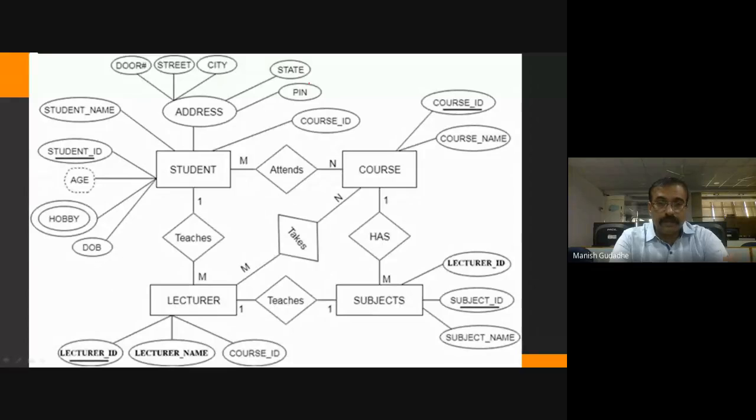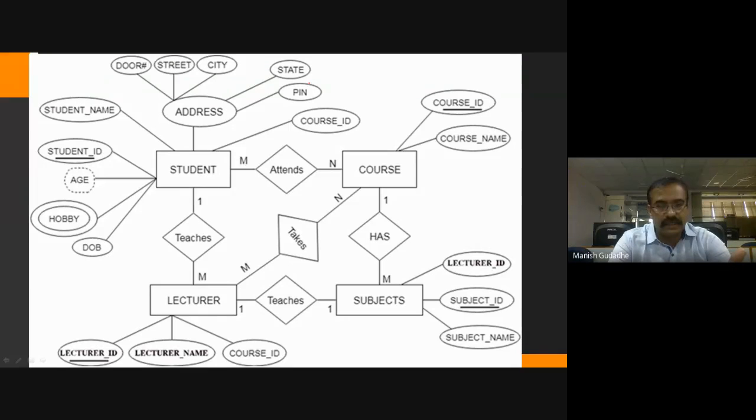But we should take care that the diagram is drawn in such a way that it will represent the complete design of the database. Are you getting me? So this is your ER model. Again, I am repeating, it is a pictorial representation of the whole database management system.